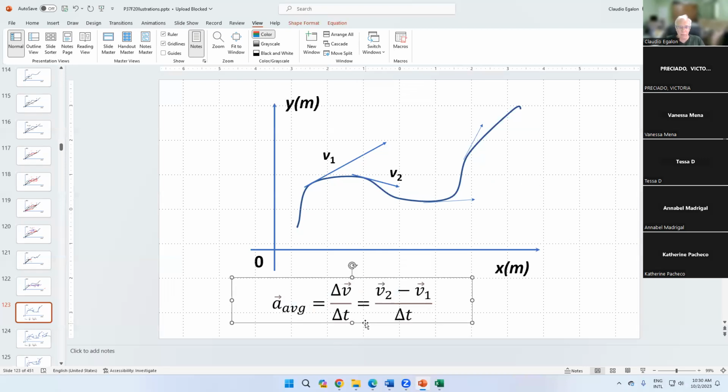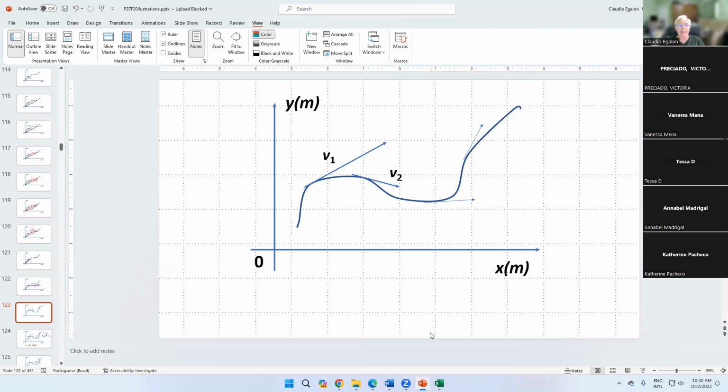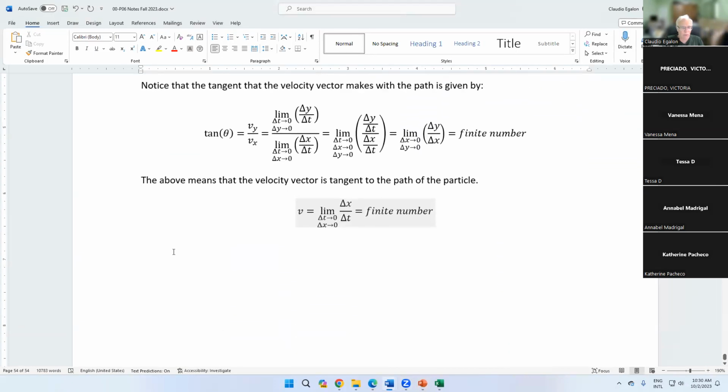Different velocity vectors have different directions along the path of the particle. So that's the interpretation for the velocity vector. It is always tangent to the path of the particle.